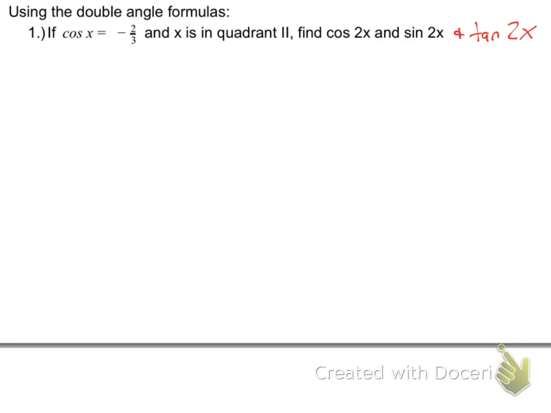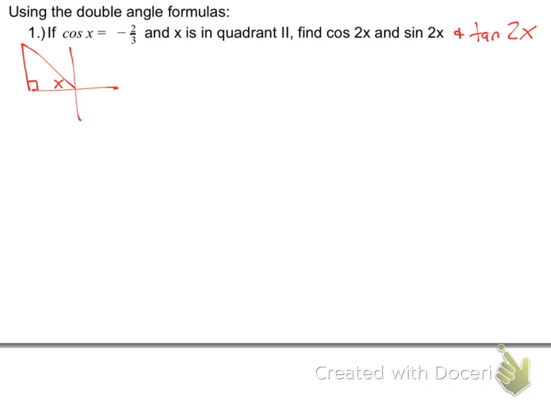These are actually pretty easy. This is what I want you guys to do: create the axes and draw your triangle that would include a cosine value of negative 2/3. It's telling you that it has a ratio of negative 2/3 in the second quadrant, which means I'm going to graph it in the second quadrant.